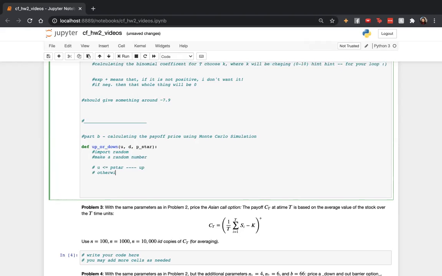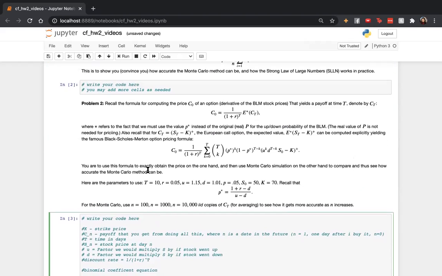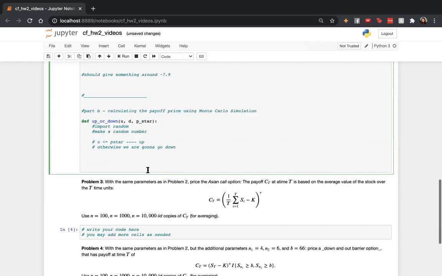Otherwise, we are going to go down. And so what up or down should give us is basically, am I going to go up in this day of the stock market, or am I going to go down in this specific day of the stock market? And that's basically why we need this up or down function.